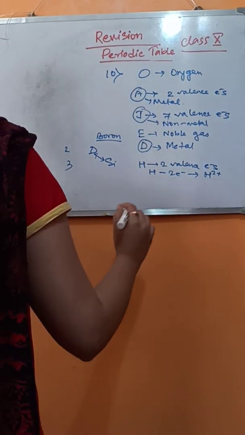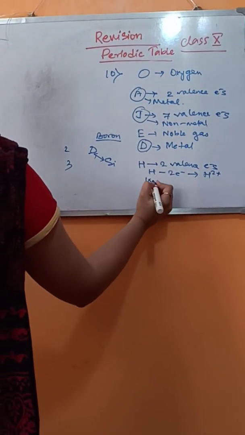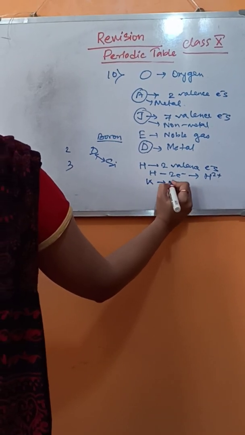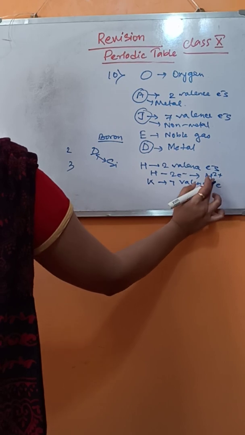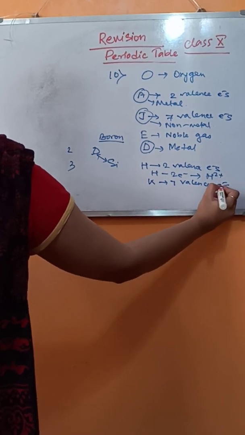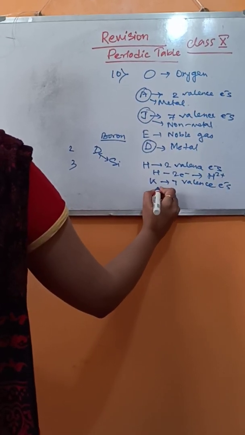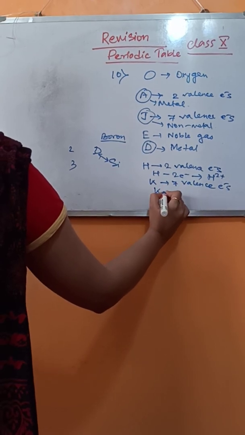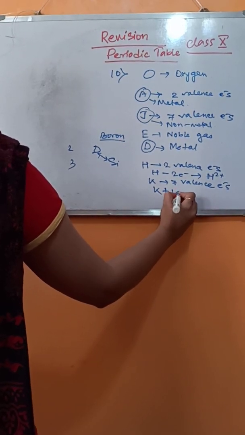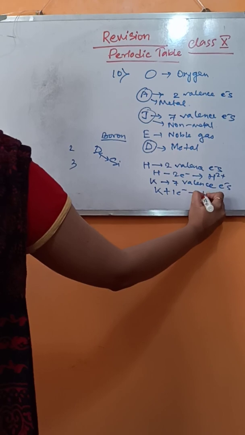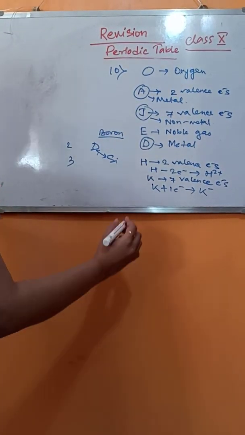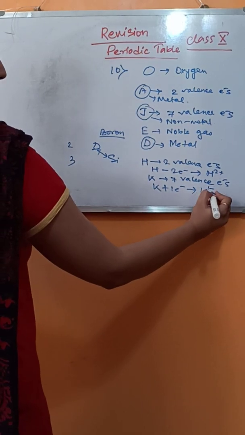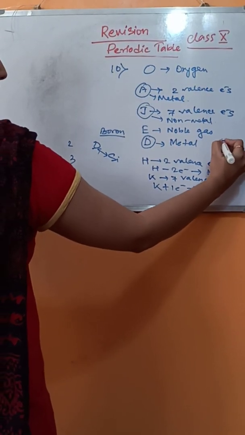Now look at K. K has 7 valence electrons. So it will easily gain 1 electron to form K minus. So the valency of K is 1 minus.